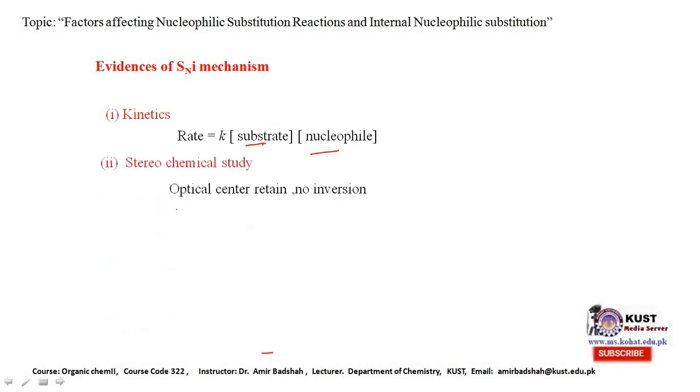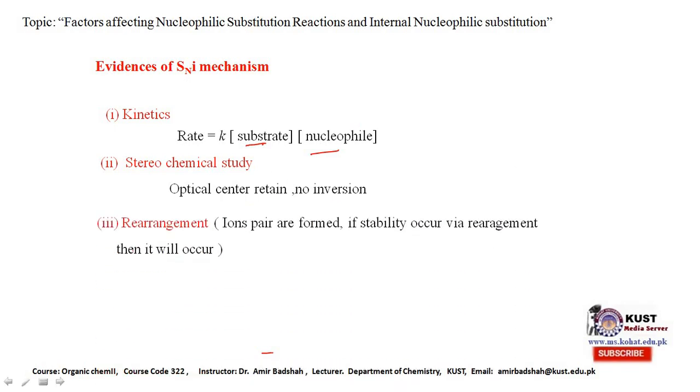Stereochemical studies: mostly the optical center is retained. There is no change in the optical center. If we start from R, the product will also have R configuration. If we start from S, the configuration of the product will also be S, which means no inversion takes place. The third one is rearrangement.